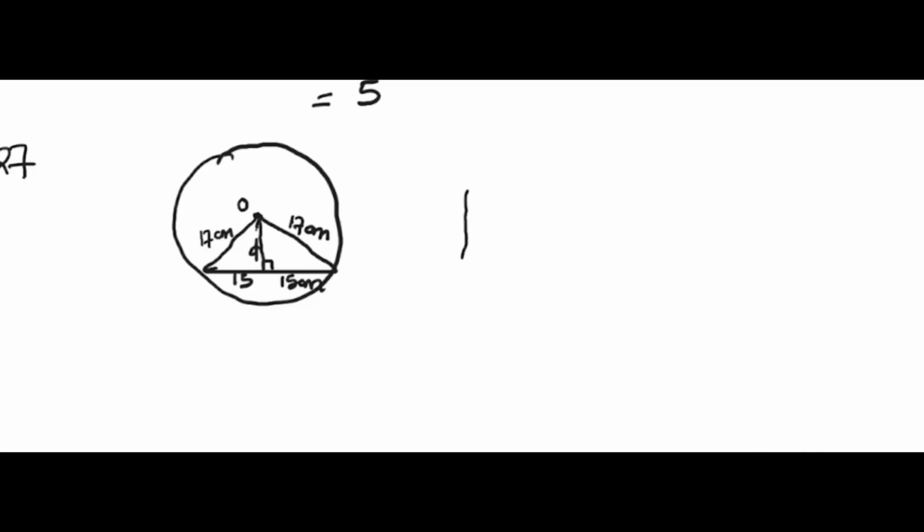So picking your right angle triangle, you have 15 cm, you have 17 cm, and you have your x.